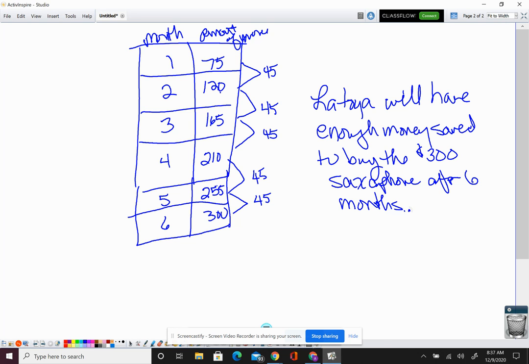So I have a sentence, capital letter, a period, a verb, a noun, an adjective. Did I use any adjectives? No, I didn't. Well, you could consider $300 an adjective on saxophone. A $300 shiny saxophone after 6 long months of saving. Got it?